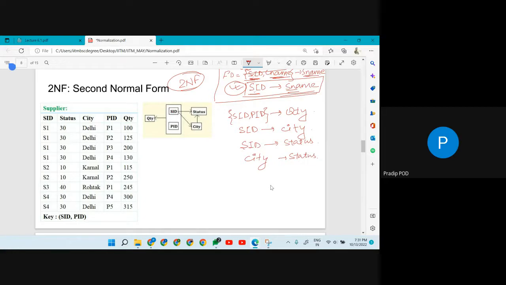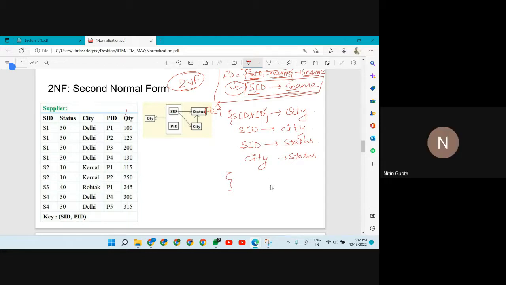So can anyone tell me what is the candidate key here? You know how to find it. You have to check the right hand side, so quantity is present.